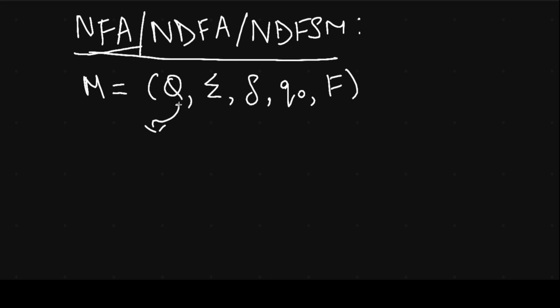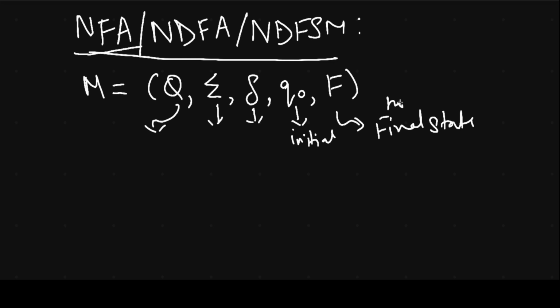In NFA, sigma is non-empty finite set of input symbols, delta is the transition function, and Q naught is the initial state of our finite state machine, and F is our final state or non-empty final state.